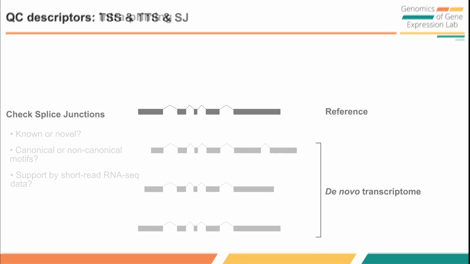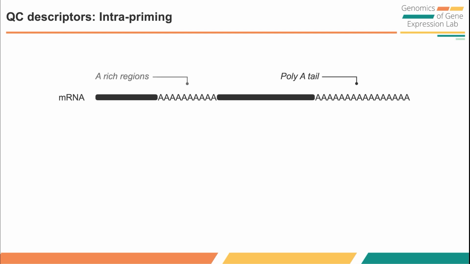SQANTI3 quality control descriptors also check intrapriming. Now, let's look at what intrapriming is and how SQANTI checks it. Oligo-dT primers are designed to prime the poly-A sequence at the 3' ends of the mRNAs. However, besides priming at the 3' ends of mRNA, the oligo-dT primer can also prime the poly-A sequences present internally within mRNA.